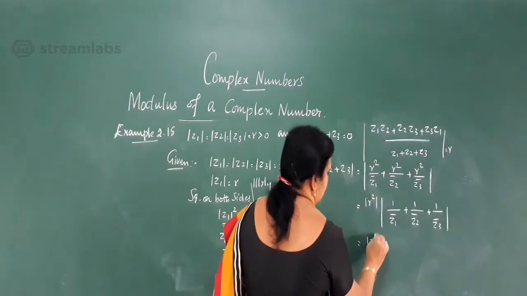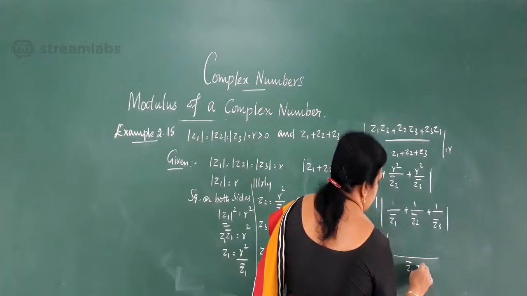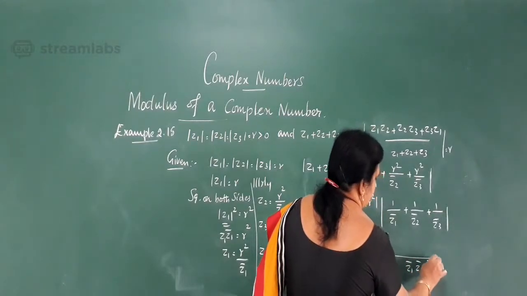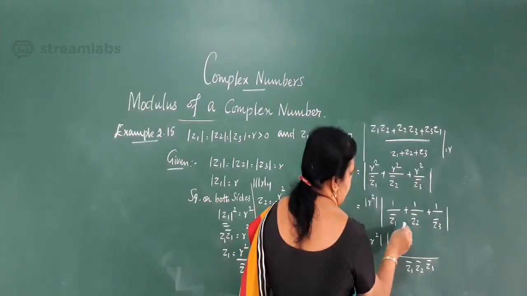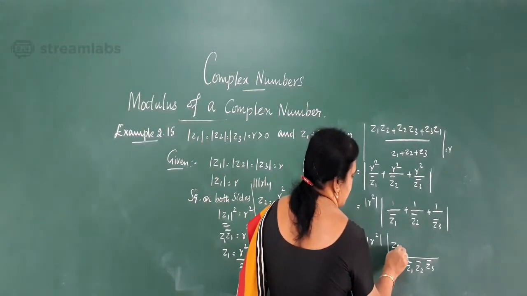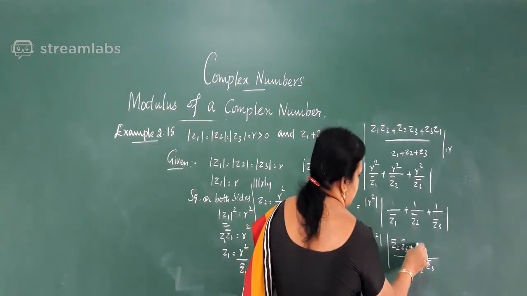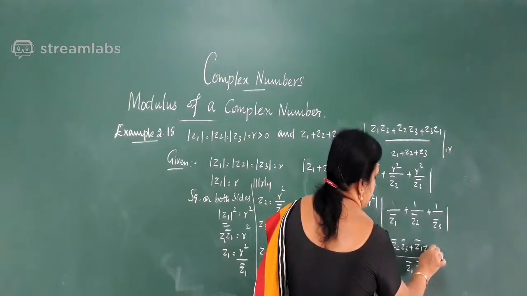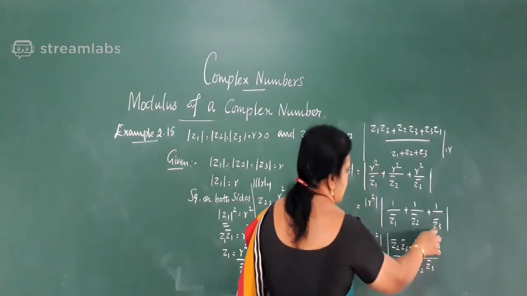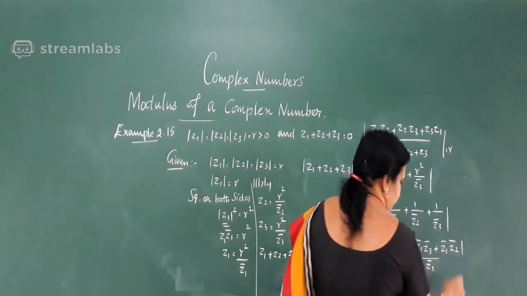Take the LCM. Here z1 bar is there, so without it the remaining are z2 bar z3 bar, plus here z2 bar, so we write the remaining z1 bar z3 bar, plus z3 bar is there, z1 bar z2 bar.